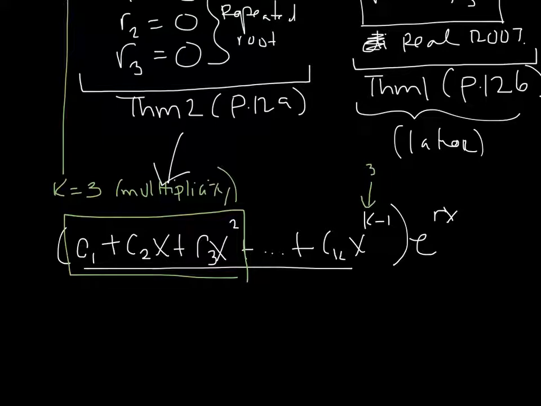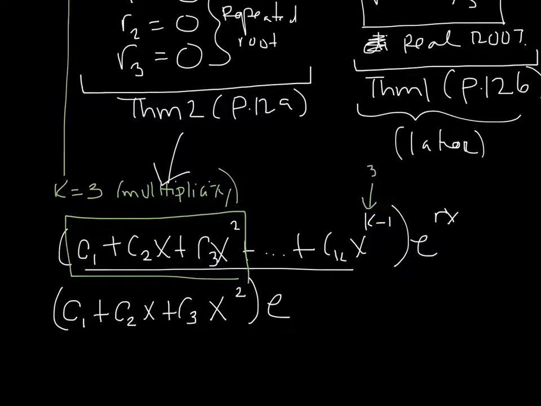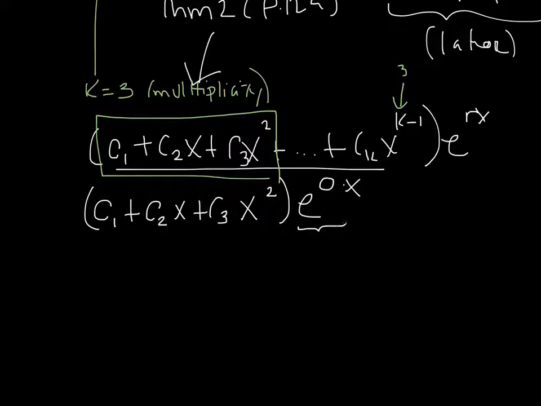Okay, so I'm going to write that out again. C1 plus C2 x plus C3 x squared. And then I'm going to write in my e to the rx, but what's my r? What's my repeated root? It is 0, times x. Well, e to the 0 is just 1.